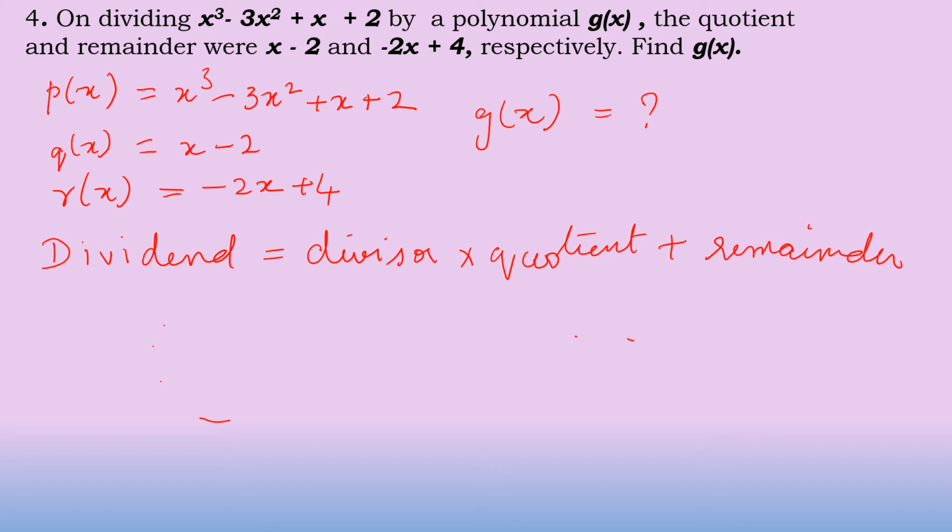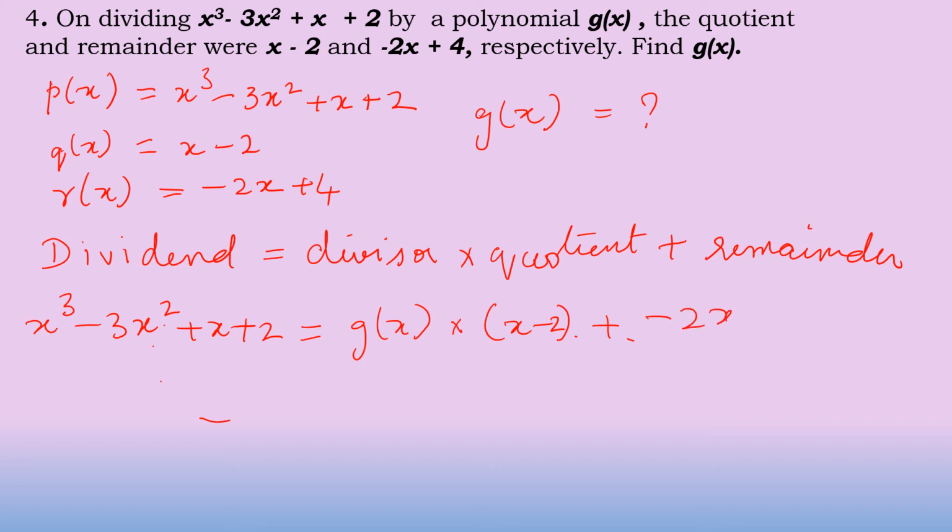So here what is your dividend? It is x cube minus 3x square plus x plus 2, which is equal to divisor g of x into quotient x minus 2 plus remainder minus 2x plus 4.